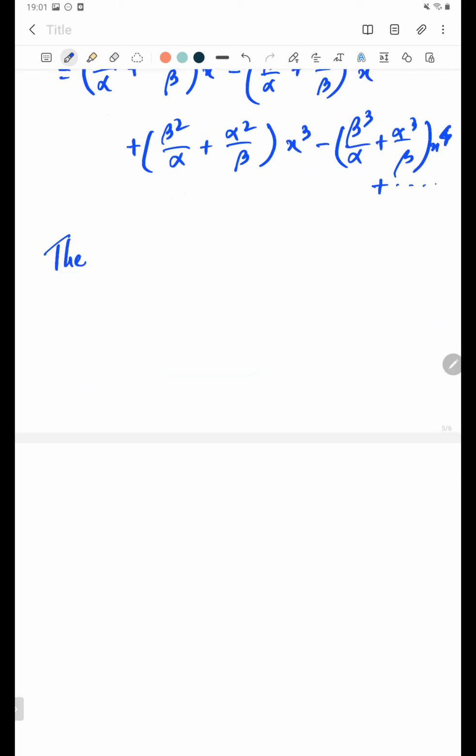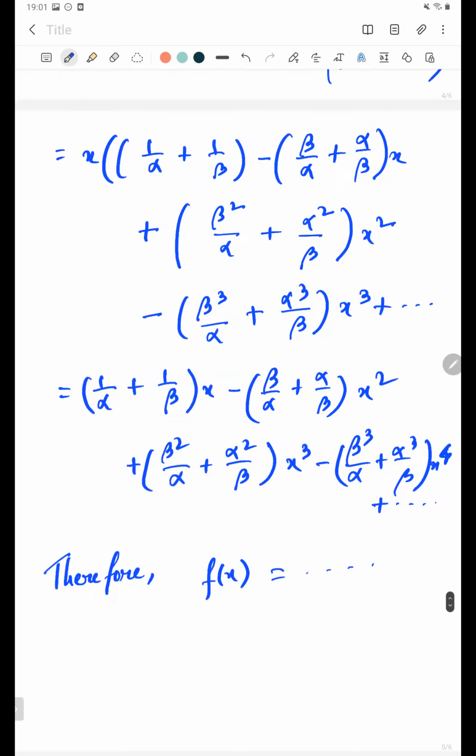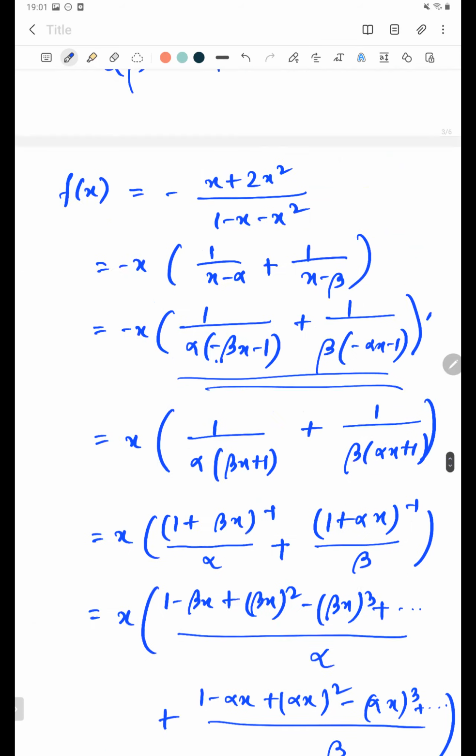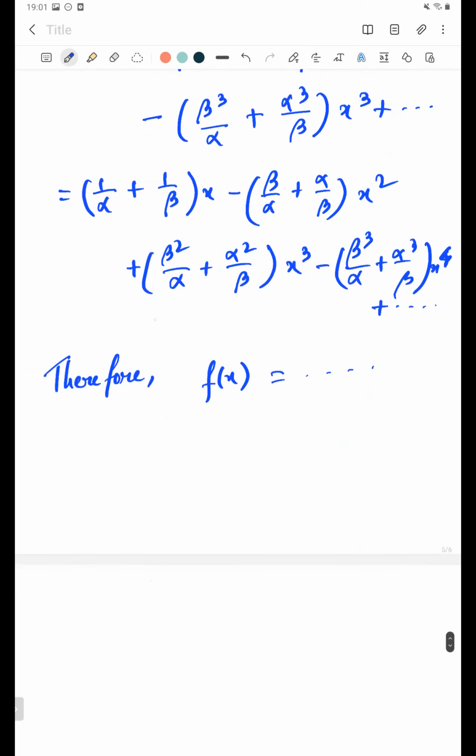Therefore, fx can be written as this thing. Okay, this thing.